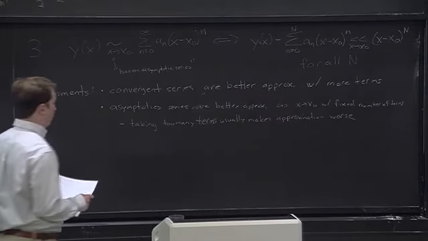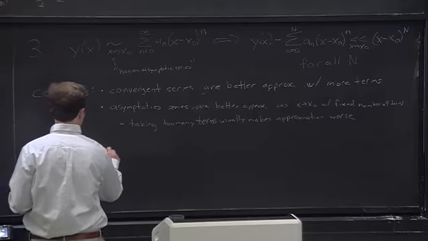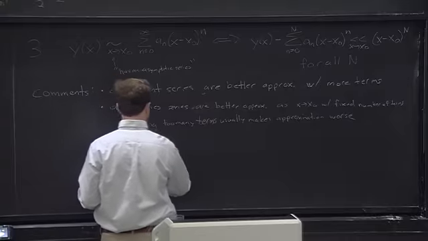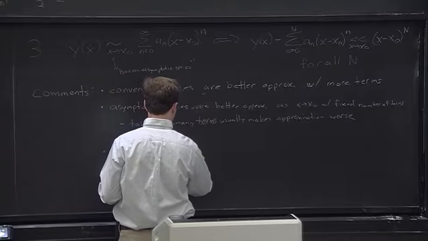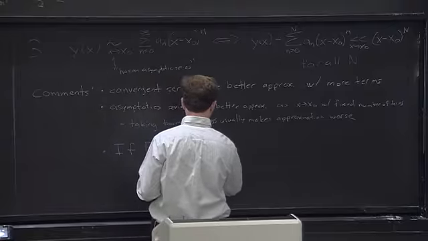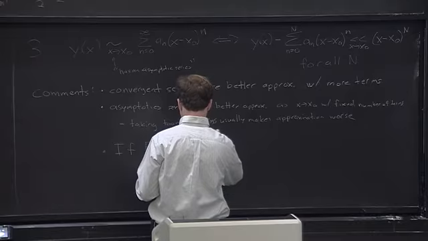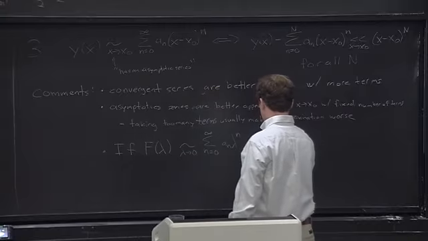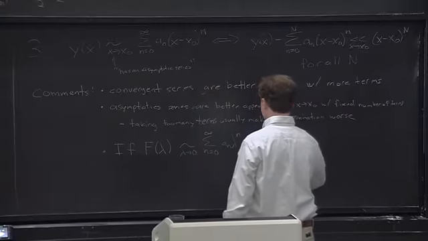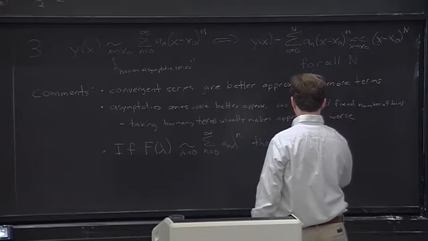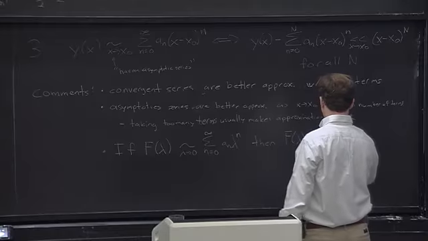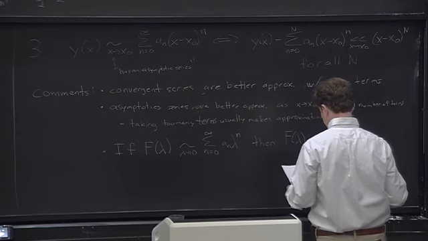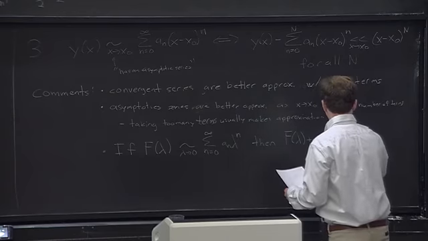Another important comment is that if f of lambda has some asymptotic series as lambda goes to 0, then so does f of lambda plus e to the minus 1 over lambda squared.